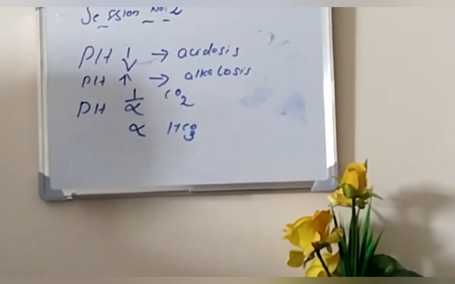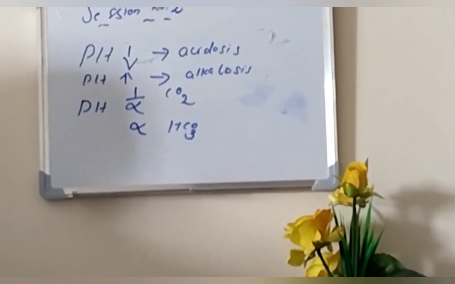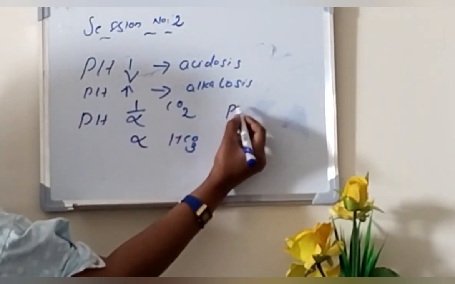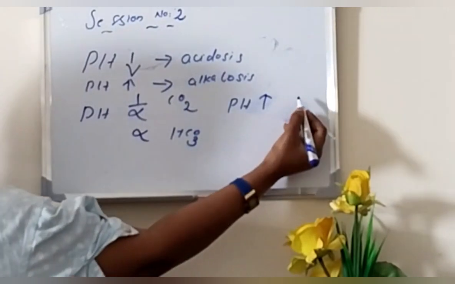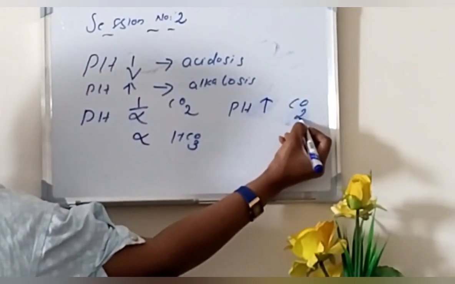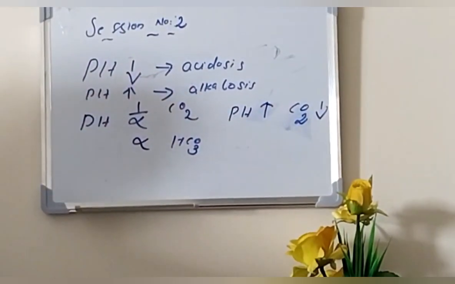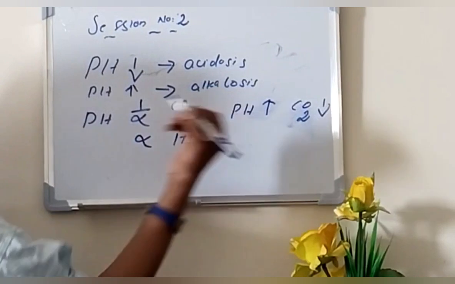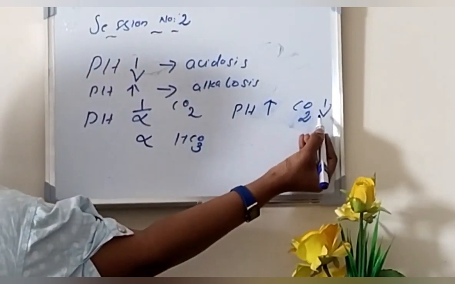Inversely proportional means when the pH value goes high in the blood, automatically the CO2 value will go what? In alkalosis, pH goes high, CO2 goes down.